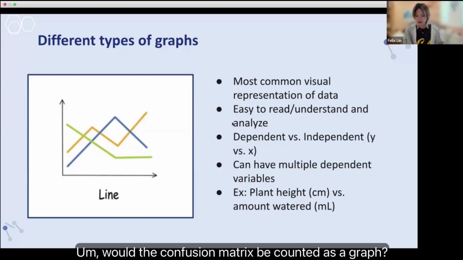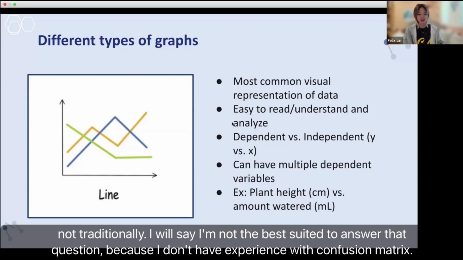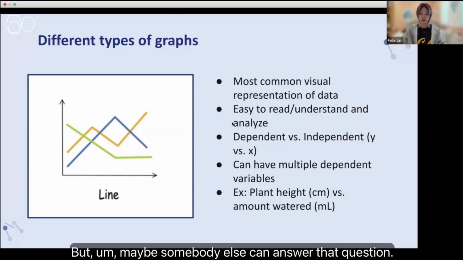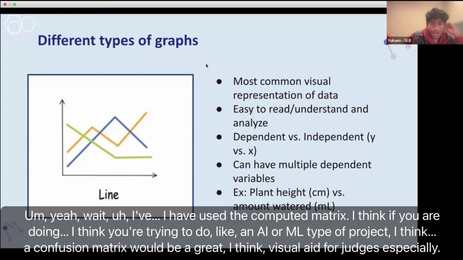Would a confusion matrix be counted as a graph? Not traditionally. I'm not the best suited to answer that question because I don't have experience with confusion matrices, but maybe somebody else can answer. Yeah, I have used a confusion matrix. I think you're trying to do an AI or ML type of project.